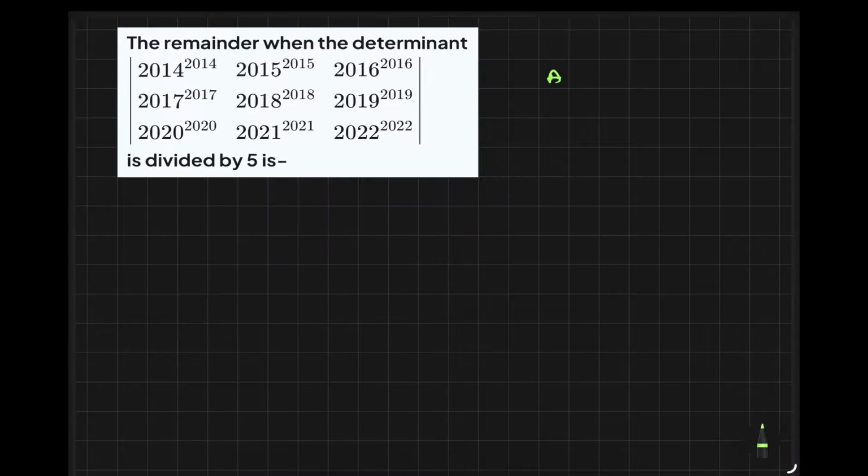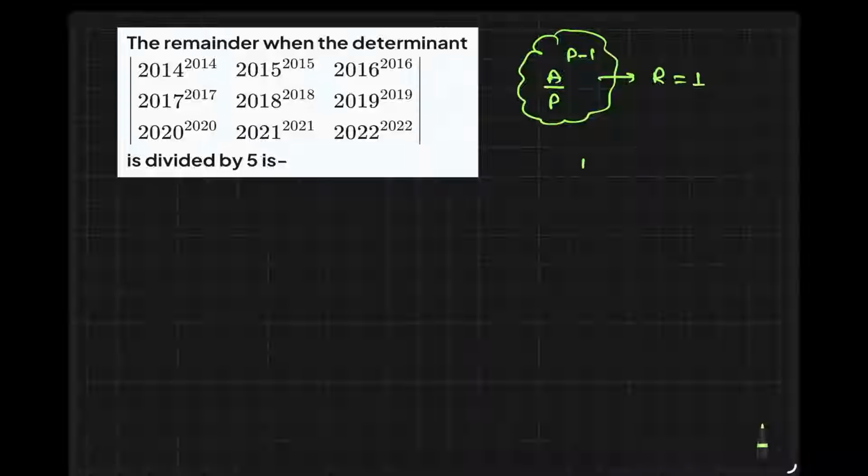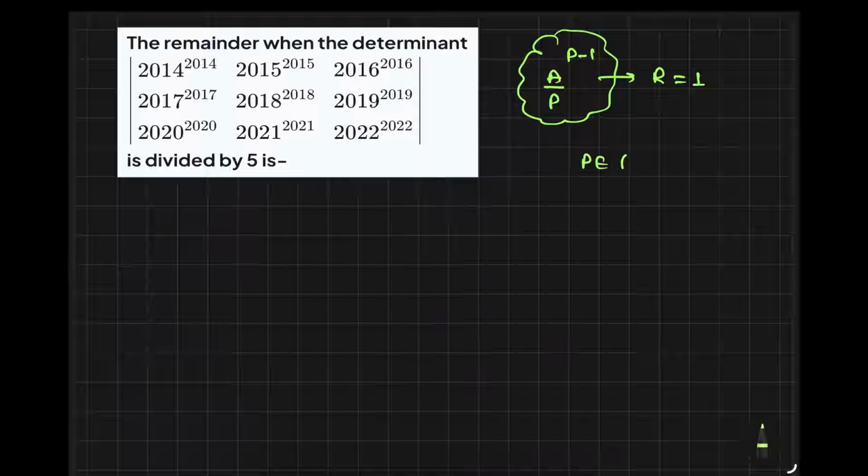Suppose you have to divide a by a prime number p, and if the power is p minus 1, in this case your remainder will be 1, but you have to make sure that p is a prime number. Already 5 is a prime number.